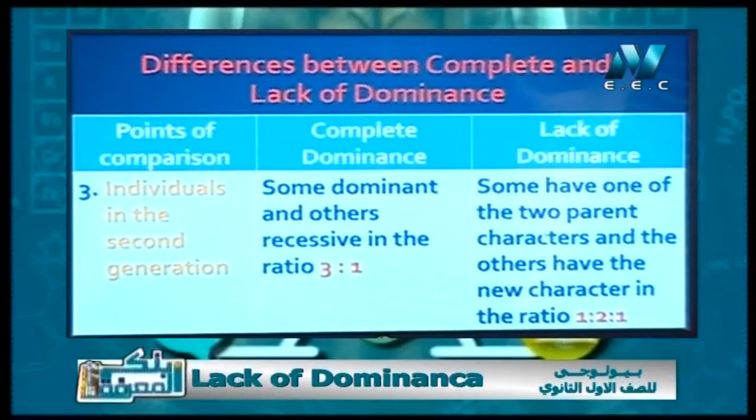But in case of lack of dominance, some have one of the two parents' characters, and the others have the new character, in the ratio 1 to 2 to 1. 1 for each parent, 1 for red, 2 for pink, 1 for white. So 1 for each parent and 2 for the intermediate character or the new character.